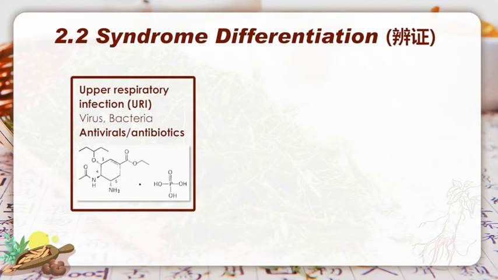Let's take the upper respiratory infection as an example. In Western medicine, upper respiratory infection may be caused by either virus or bacteria. After blood detection, it is clear whether the patient is affected by virus or bacteria. And then the doctor can treat him with antivirals or antibiotics accordingly.